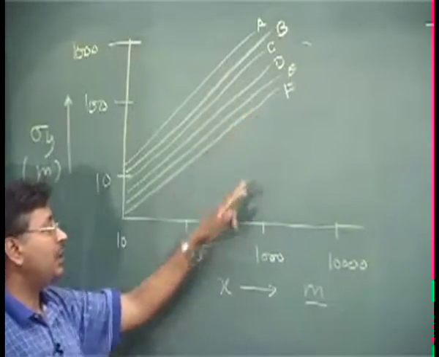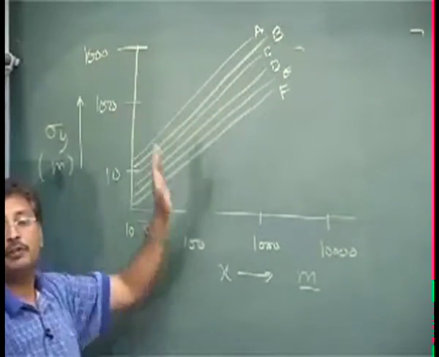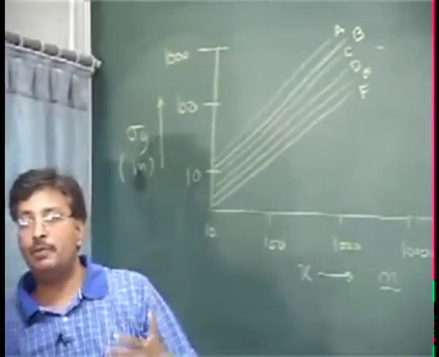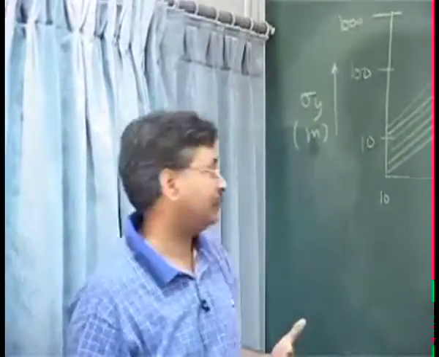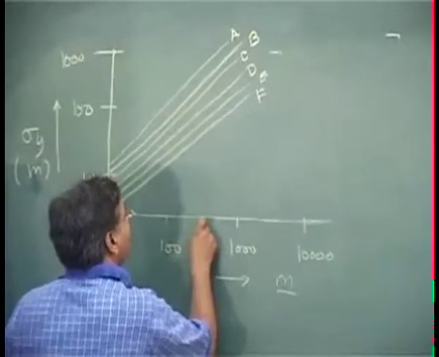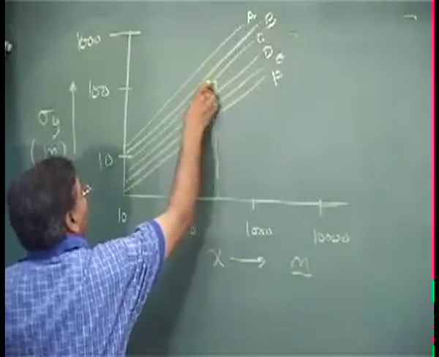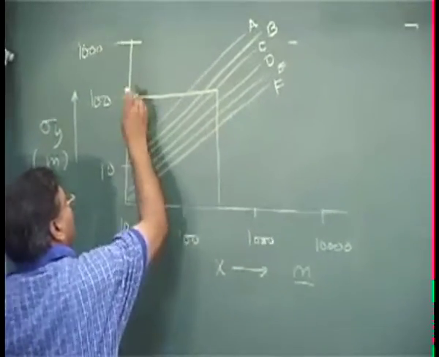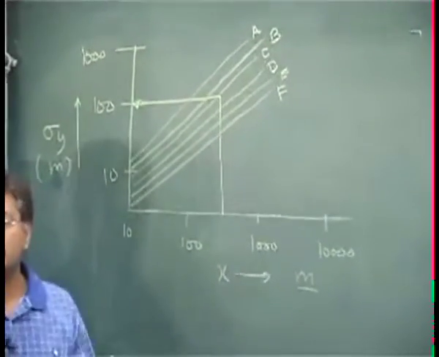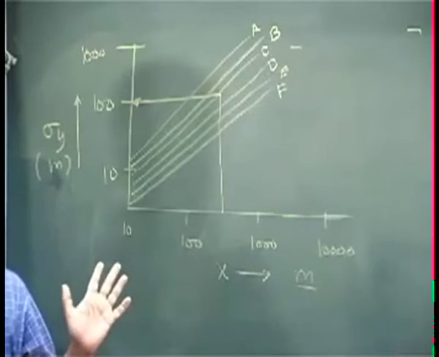You know the stability, let's say the stability was D. The corresponding value of sigma y can be found from the graphs developed by TVA. Let's say you want to find out at 500 meters, and your stability was C. The sigma y value could be 100 meters. This is not accurate, but this is how you use it.